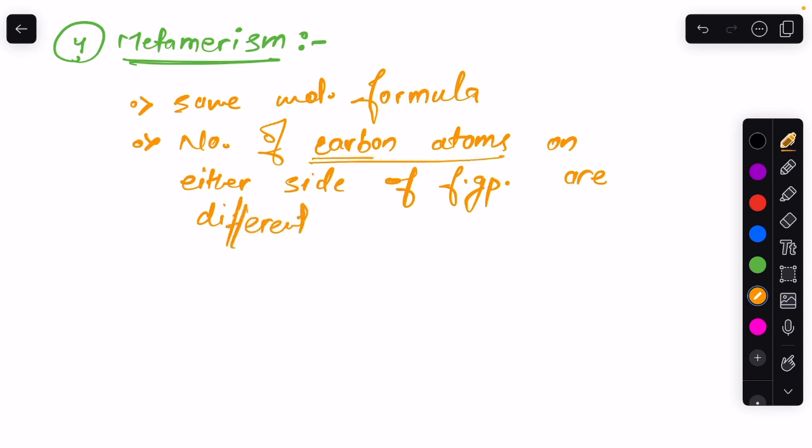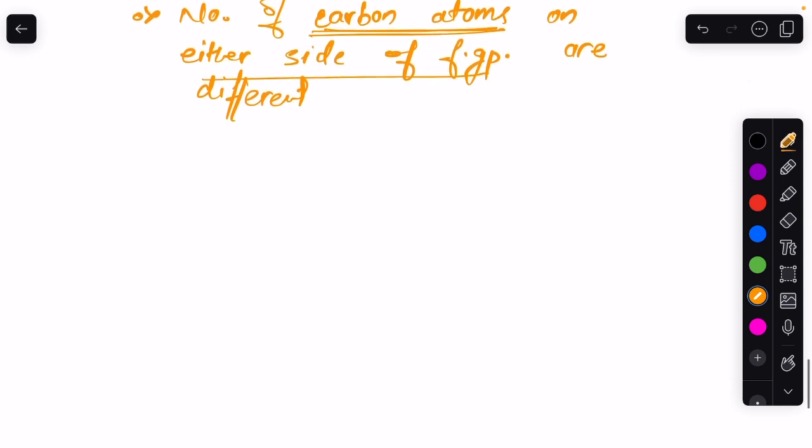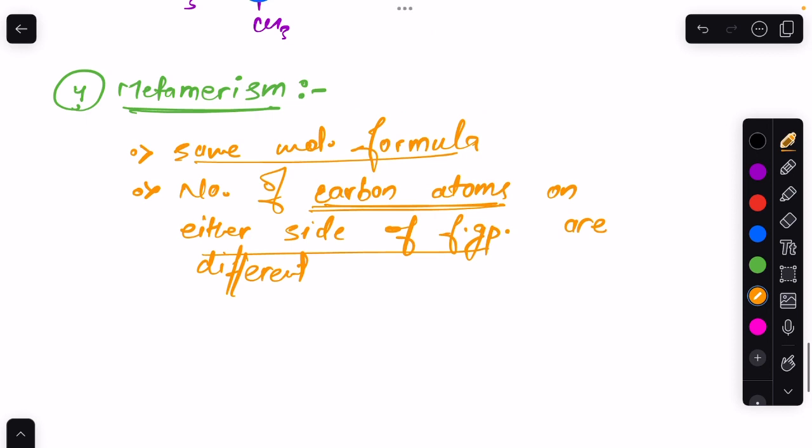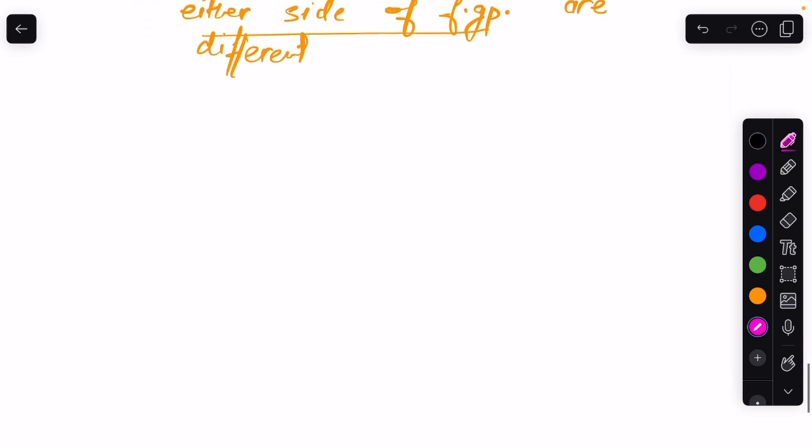Number of carbon atoms which are present on either side of functional group are different, but the molecular formula is same. Then such isomers are known as metamers to each other, and the phenomenon is known as metamerism.